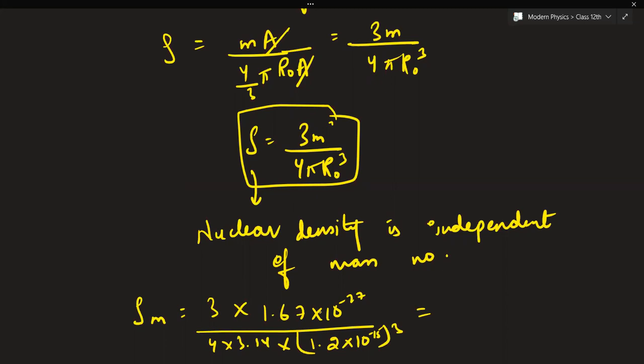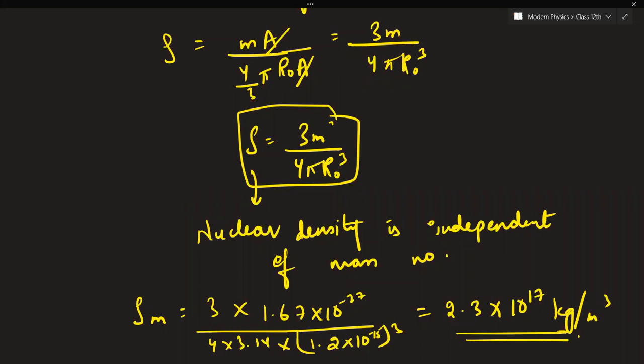Just remember the final value, 2.3 into 10 to the power 17 kg per meter cube. This is independent of mass. It means if you're taking calcium, beryllium, or hydrogen, the density of the nucleus for every atom will be 2.3 into 10 to the power 17 kg per meter cube only. This is the conclusion.